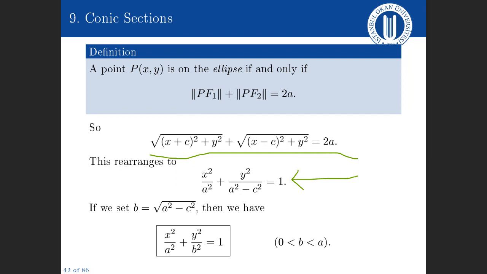I want to introduce b is equal to the square root of a squared minus c squared. And then we have the standard form, x squared over a squared plus y squared over b squared is equal to 1. Now note, because of the way that b is defined, b is the square root of a squared minus c squared, b must be a positive number and b must be smaller than a.